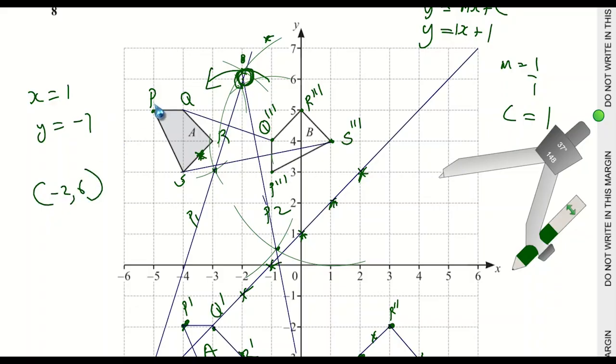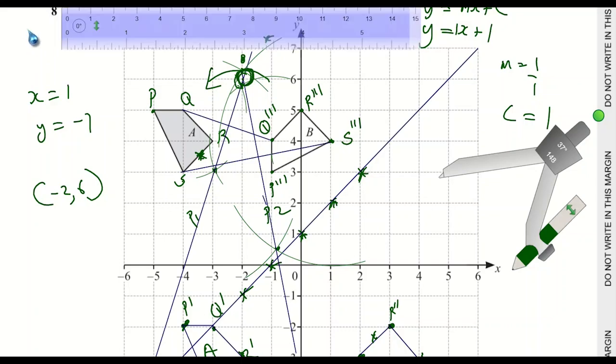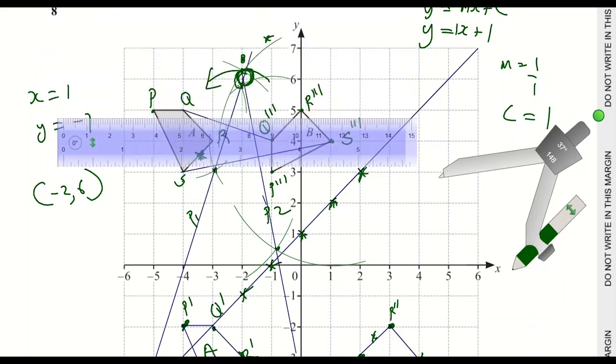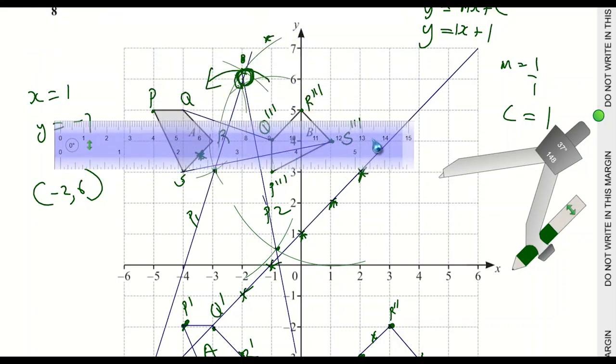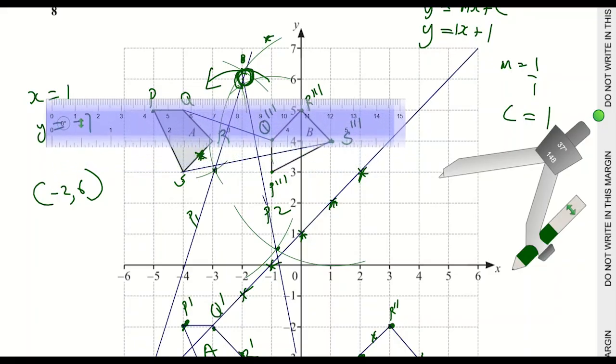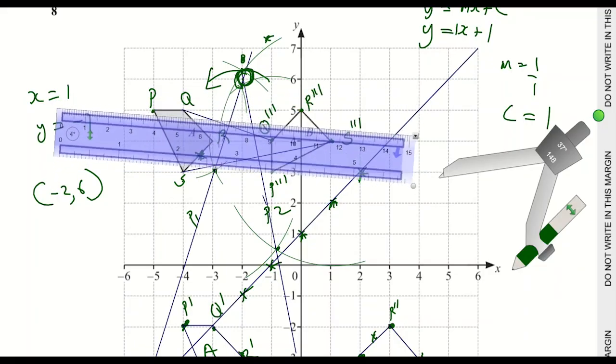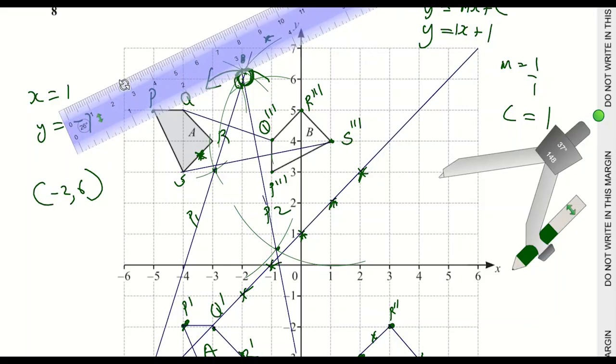From here, I can now get the angle of rotation. To do this, I can just pick my ruler. Let's connect two corresponding points and see how it goes from there.